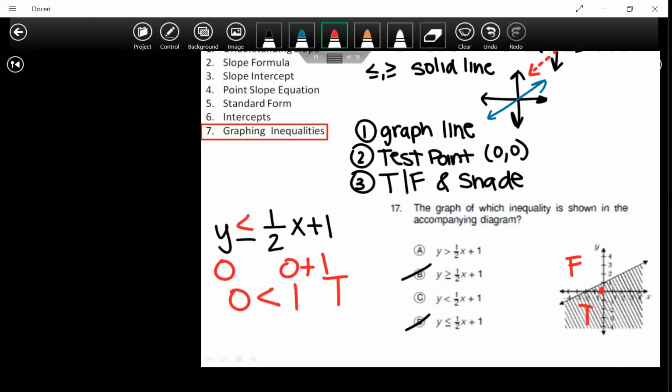So my inequality must be less than, in this case C. And it would be shaded below. So just something to think about as you're doing these.